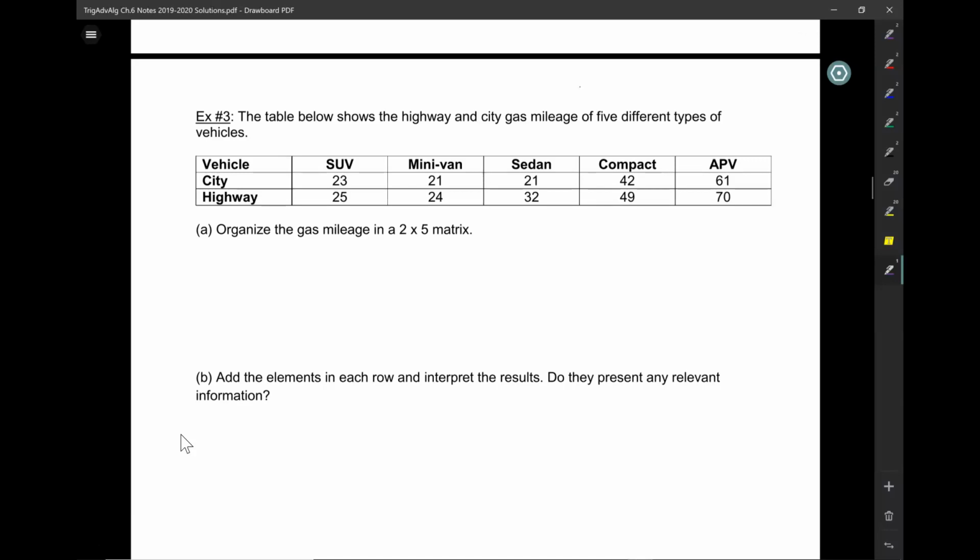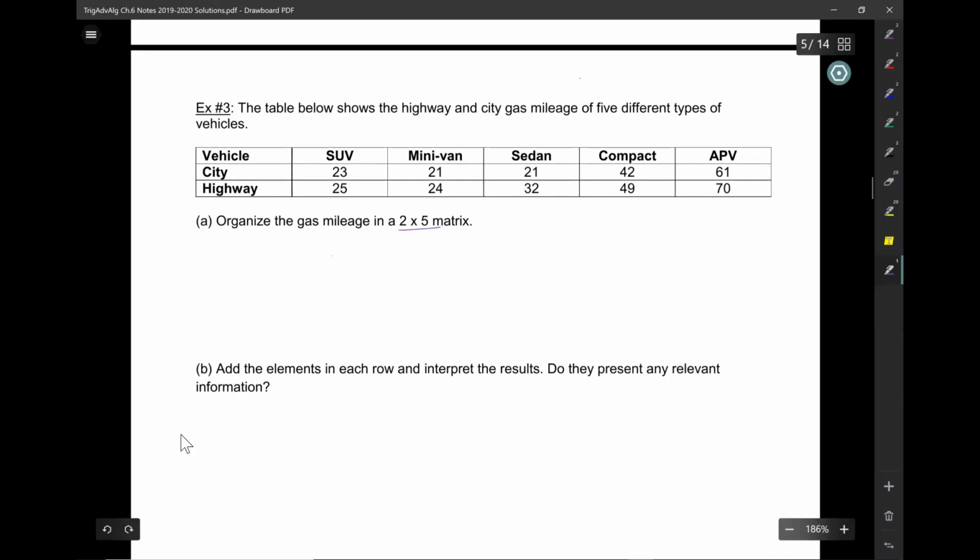Okay, what we're going to do is, this is a chart, right? You can't do any operations with this until you put it in a matrix. So what we're going to do first is organize the gas mileage in a 2x5 matrix. 2x5 matrix, right? So 2 rows, 5 columns. And all that is you're just going to put the values in a matrix.